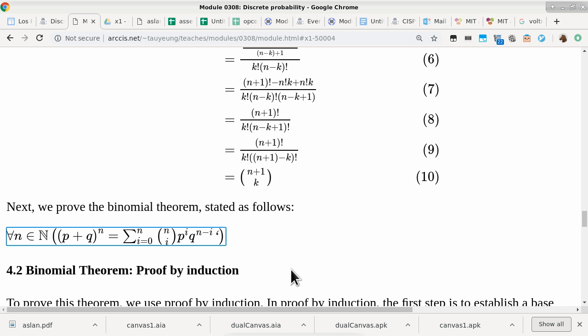So all it really is saying is p plus q, the whole thing to the power of n, can be expressed as a summation of the index I going from 0 to n, and in each term that we are summing over this sigma is n choose I, and then some power of p, which is to the power of I, some power of q, which is n minus I. This is a typo, the backtick, just ignore that backtick. But other than the confusing backtick, do we have any questions about this theorem?